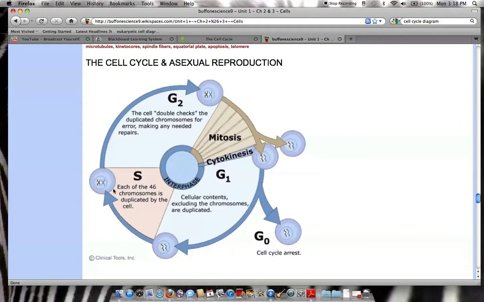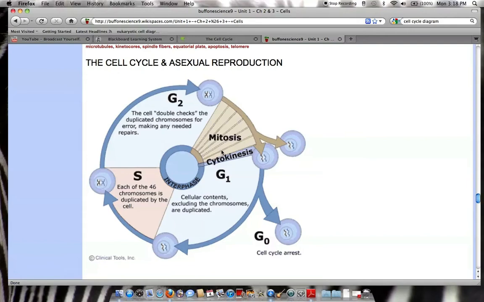Now this occurs in the somatic cells, your body cells. There's another replication phase that occurs in your sex cells. So mitosis is a phase of the cell cycle, and it occurs in this cell cycle.